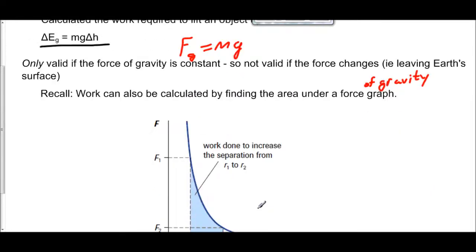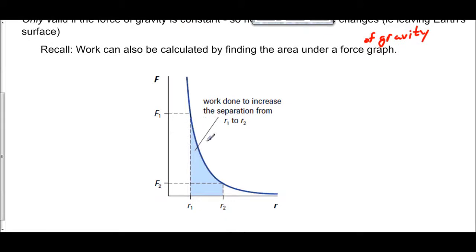So we can look at this graph here. This is the force versus separation graph. This would be the force pulling two objects together, and r would be the separation between them. We looked at this shape last time. But if you remember, our other idea for work is that instead of just multiplying force times distance, we can do it as the area under a force-distance graph.